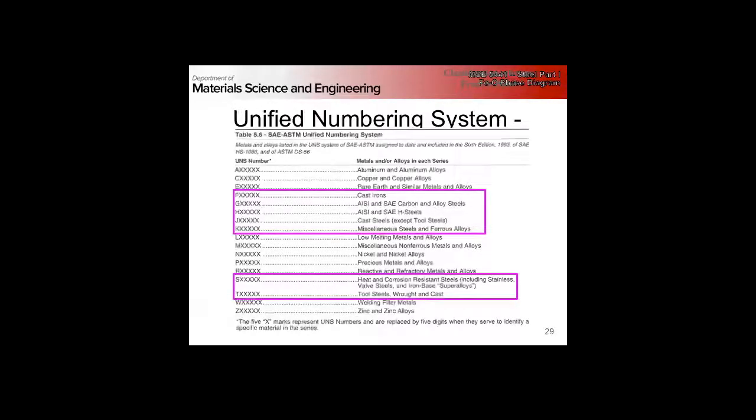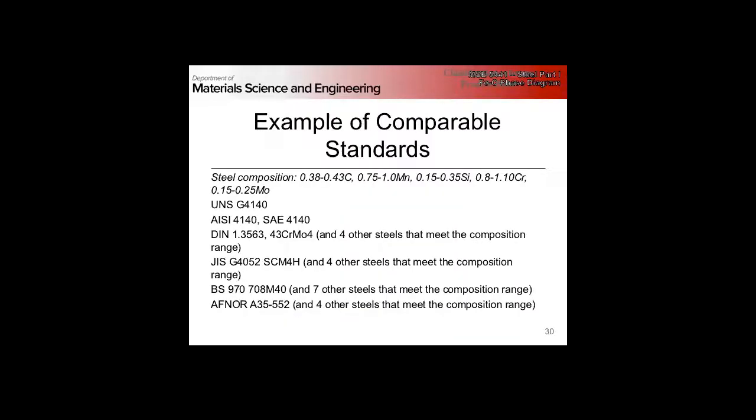One example, though, that I want you to keep in mind with steels is that aluminum has an international standard designation numbering scheme. Unfortunately, steel doesn't, right? So 4140, a really important automotive steel, right? There's actually 22 different international standards that all specify the same steel, right?